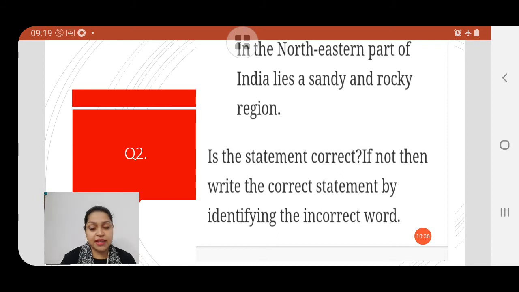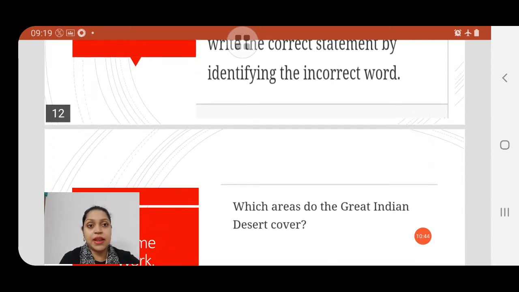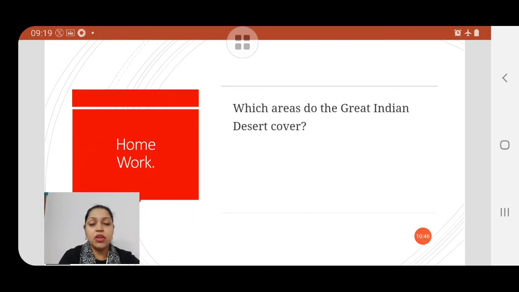So this is your thinking skill. You will think and upload the correct answer. This I'll upload in the Google Classroom. And lastly, your homework question: which areas does the Great Indian Desert cover? This is your homework question.